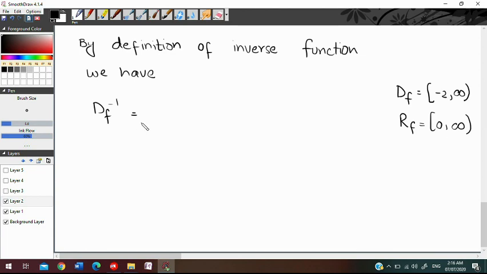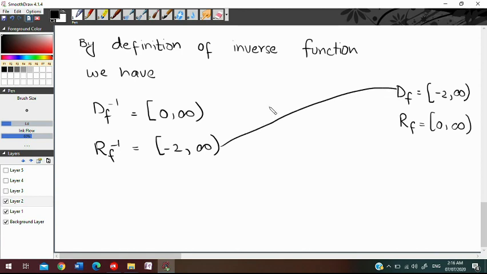So the range of our function becomes the domain of our inverse function, 0 to infinity, and the range of our inverse function is the domain of our original function, right? This is the domain, this is the range.